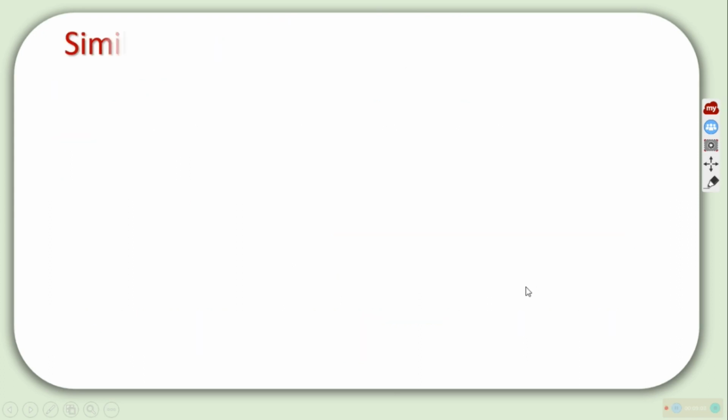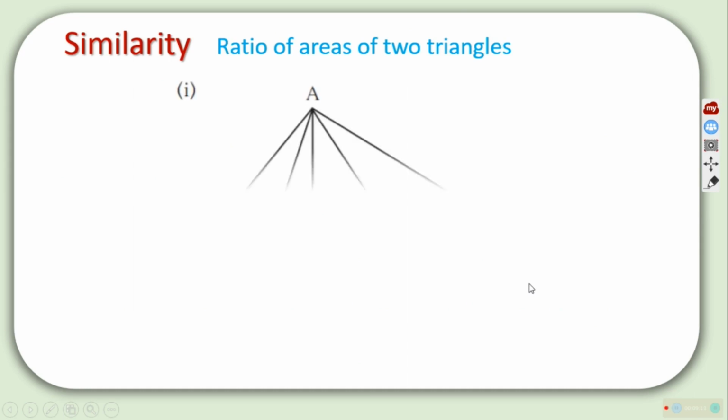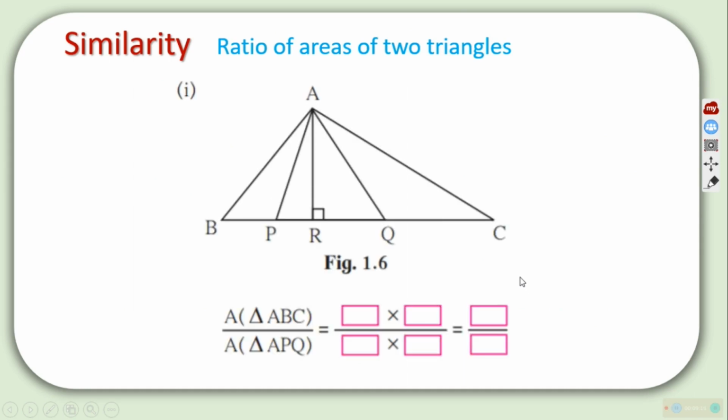So go ahead. Again under the ratio of areas of two triangles, we have some activity here. What is this activity? Here is a triangle which is named ABC. Another triangle APQ. There are two triangles.